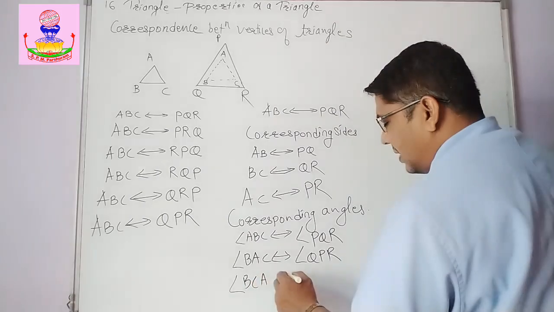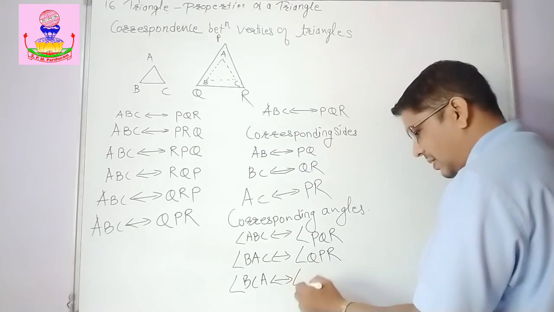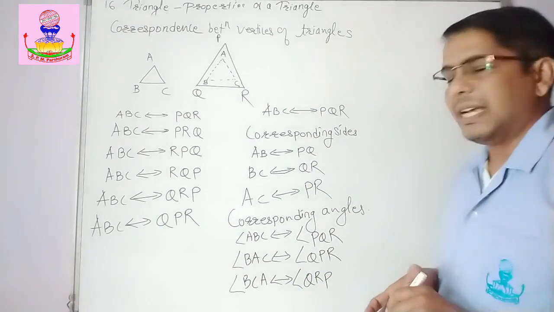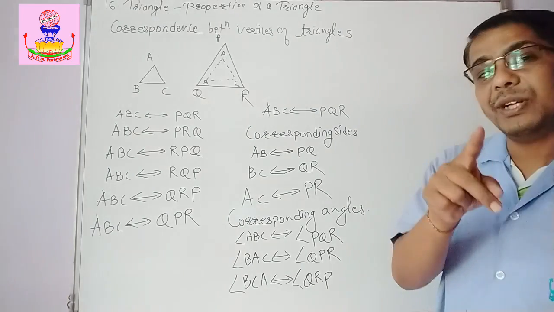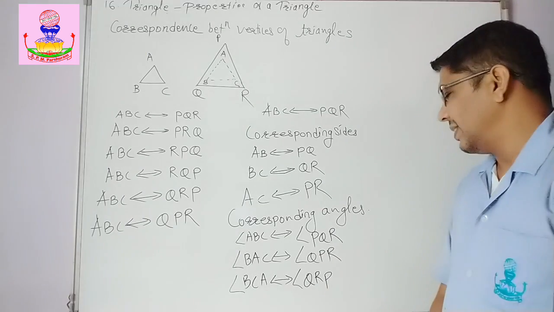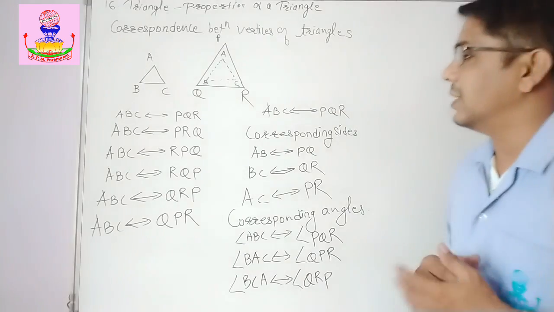Then angle BCA is in one-to-one correspondence with angle QRP. So you can see, for a given one-to-one correspondence, you can write the corresponding sides and you can write the corresponding angles.